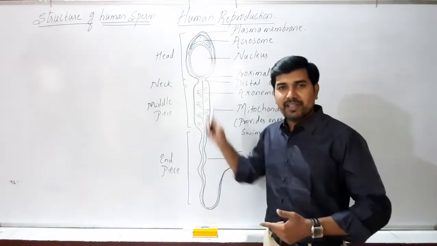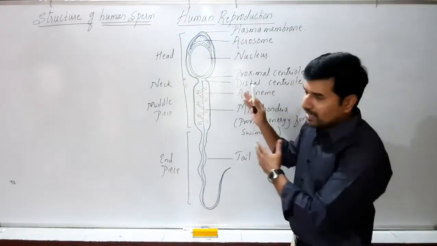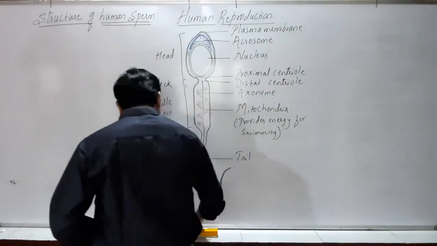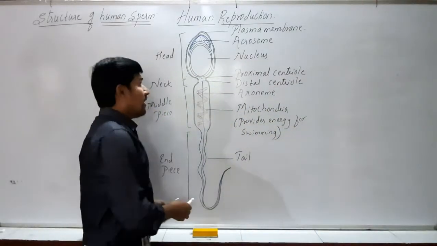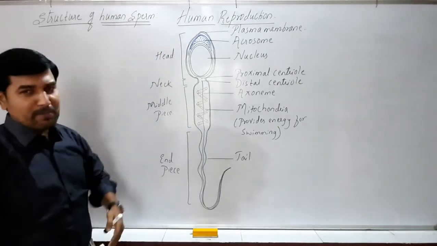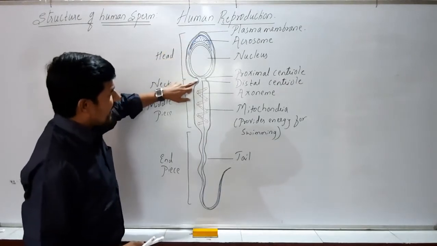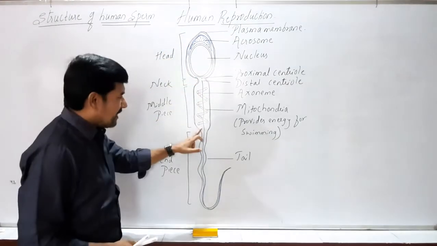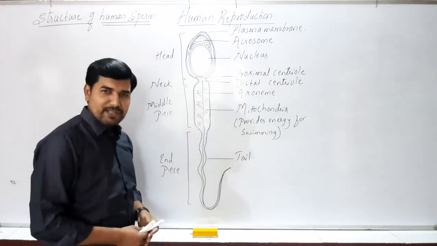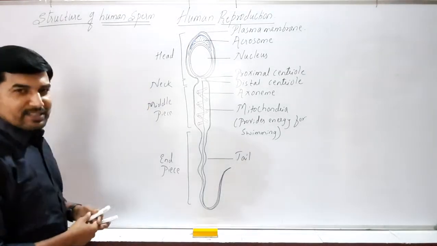Regarding its functions, we'll see them later. Now here we have the plasma membrane, then below that acrosome, nucleus, neck region with 2 centrioles, the middle piece that consists of mitochondria, and finally the end piece, which is called the tail. Then what do these parts consist of?